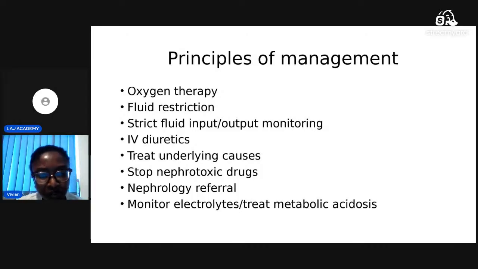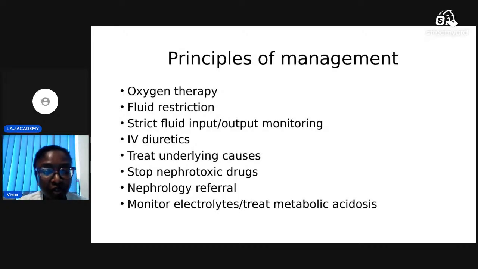Because she had obvious features of fluid overload, we might consider giving her IV diuretics. Some schools of thought do not want to give IV diuretics, but for a woman with a clinical presentation like this, we would want to give her IV diuretics of 40 to 80 milligram, and if she doesn't respond well, we double the dose.